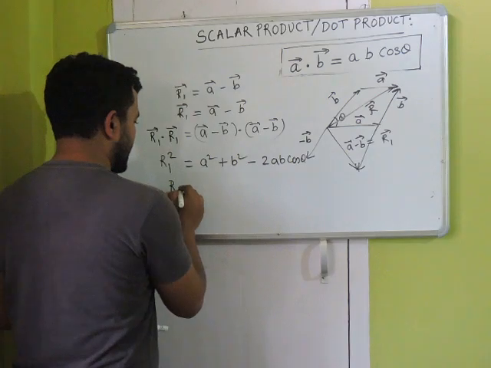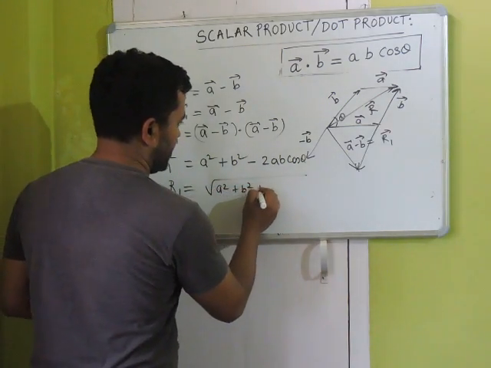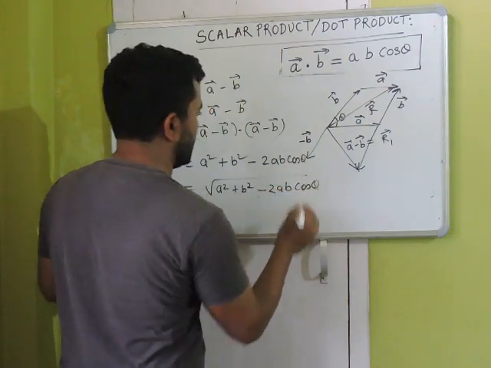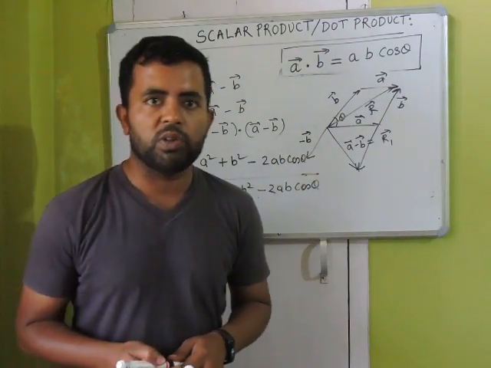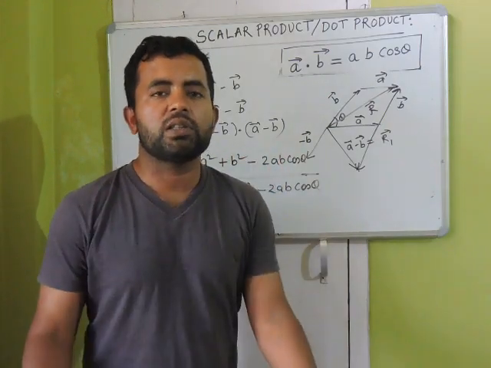So resultant magnitude in case of subtraction of vector is this, right? So this is all about dot product between two vectors. In the next video I will talk about one more important thing, that is called cross product.